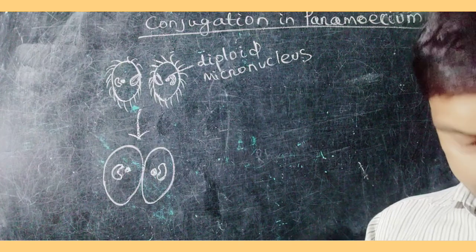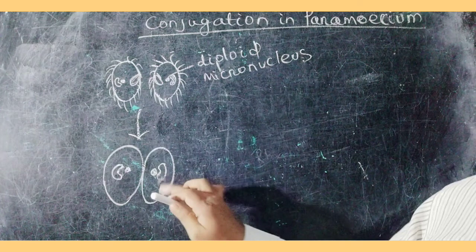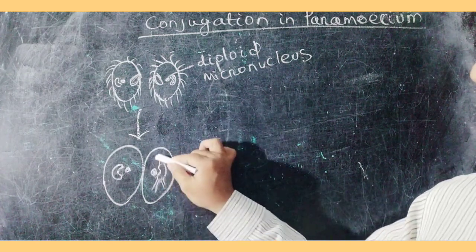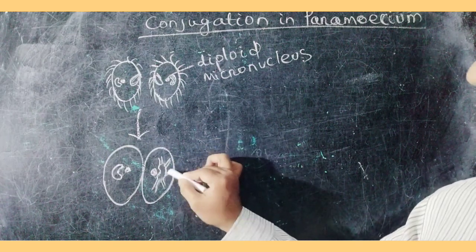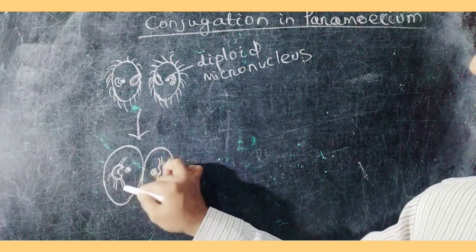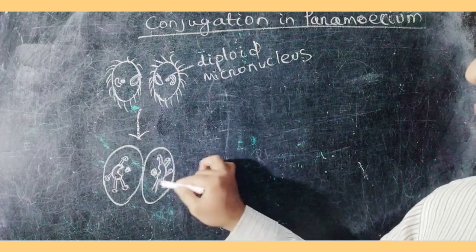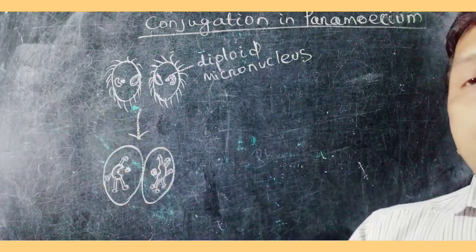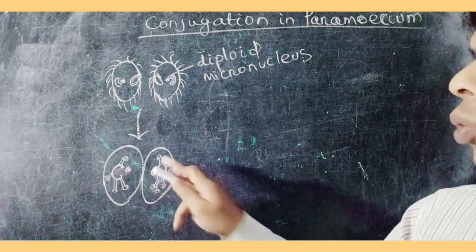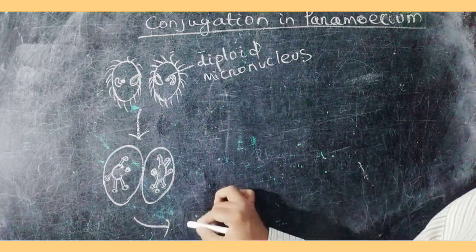What happens then? The macronucleus gives rise to extended processes, and at the tip of the extended process it produces ball-like structures, and continuously the macronucleus disappears and is converted into small fragments in the cytoplasm.